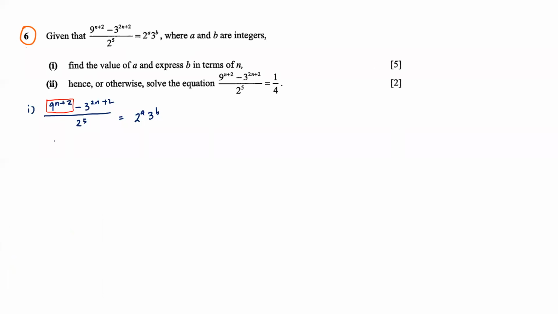And we could put it down as 3 to the power of 2, bracket, n plus 2, minus 3 to the power of 2n plus 2, over 2 to the power of 5 equals to. Next, let's expand out the first term. So I'm still working on this part of the equation. After expansion, I should get 3 to the power of 2n plus 4.